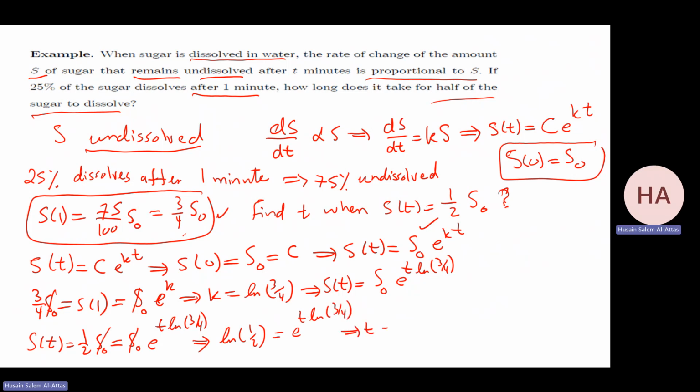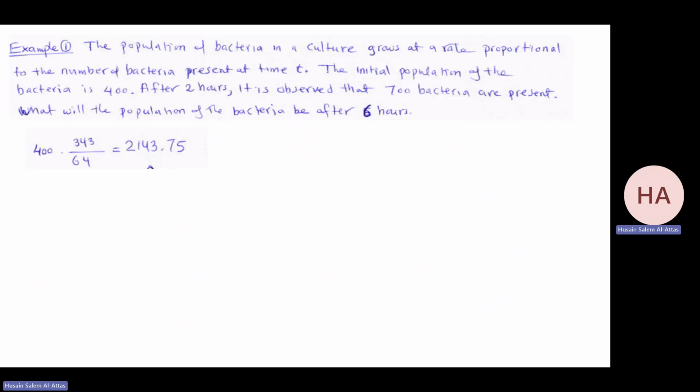So t is ln half over ln 3 over 4, which, if I use the calculator, will be 2.41 minutes. Okay. So sometimes you need to read the statement and be careful about the formula.